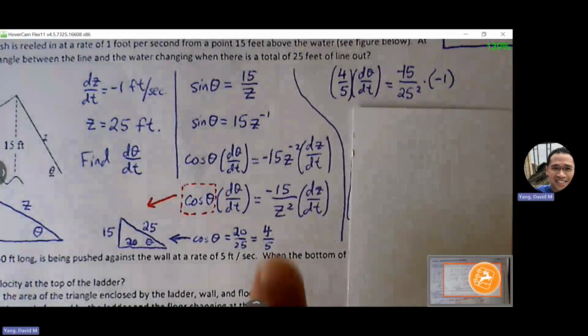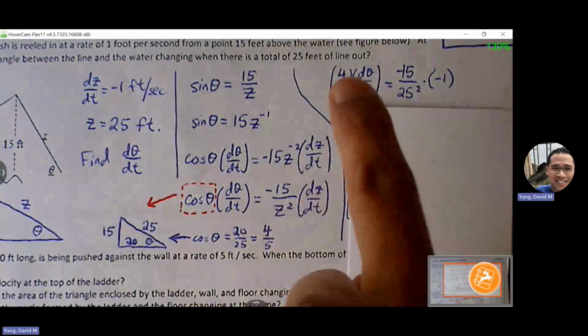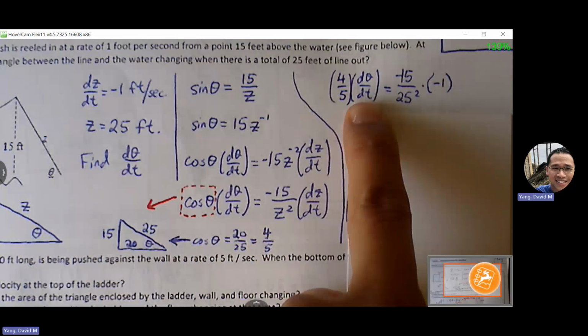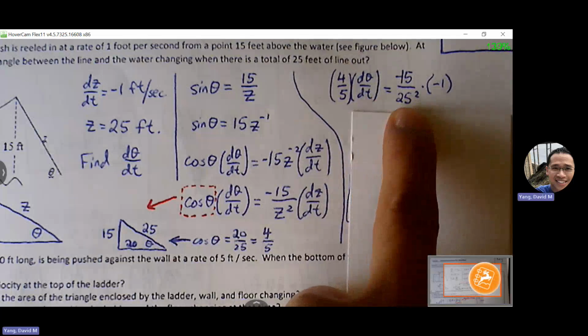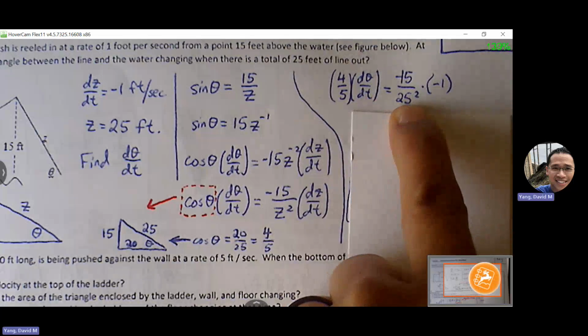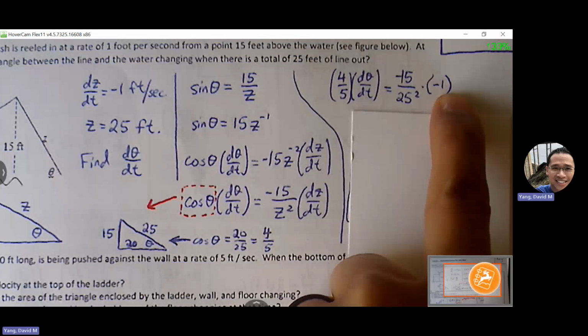So here's my substitution. Cosine theta gets replaced with 4/5. D theta dt stays. Z gets replaced with 25. So z squared is 25 squared. And dz dt is -1.